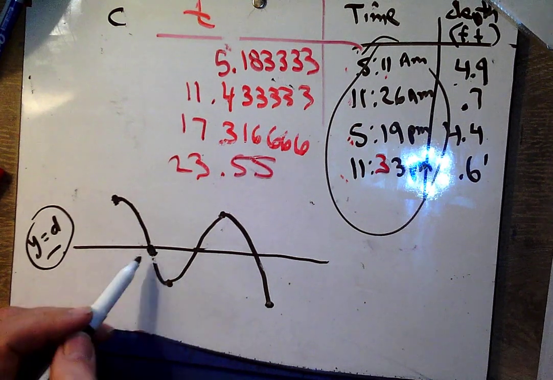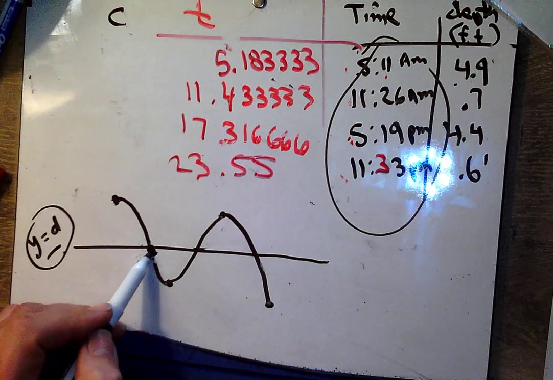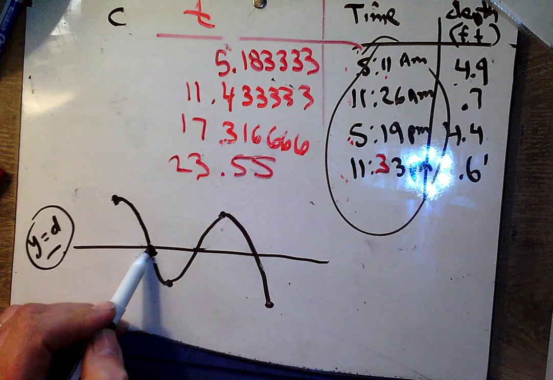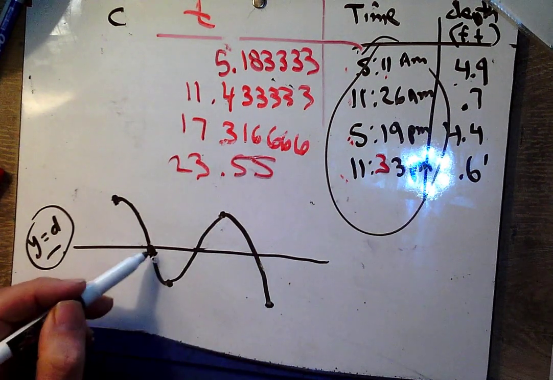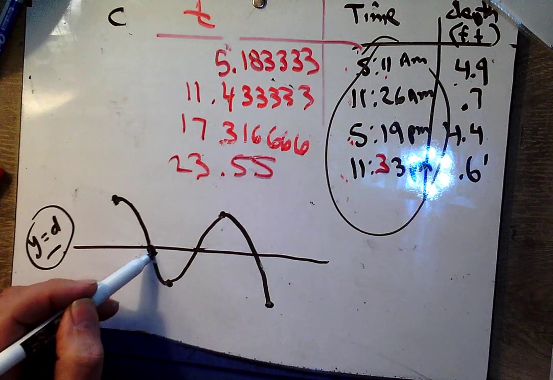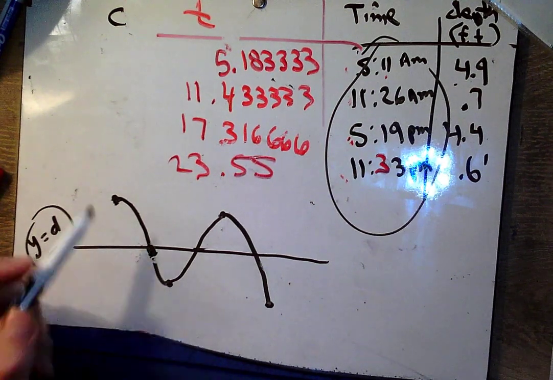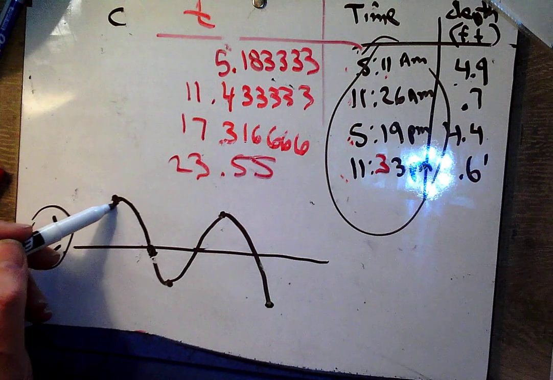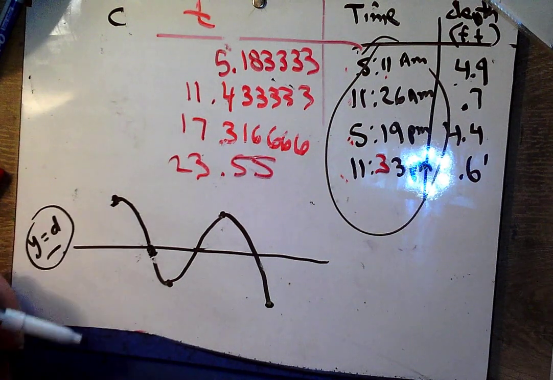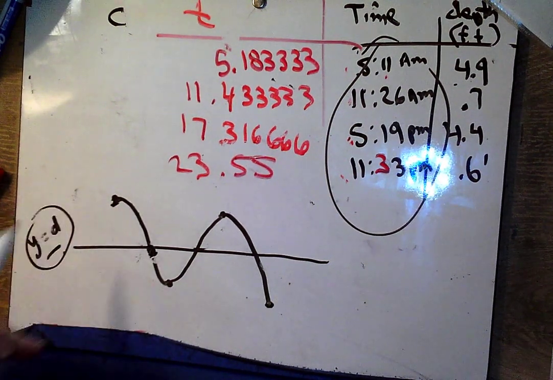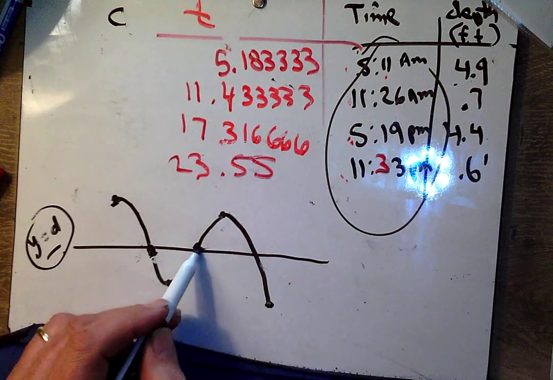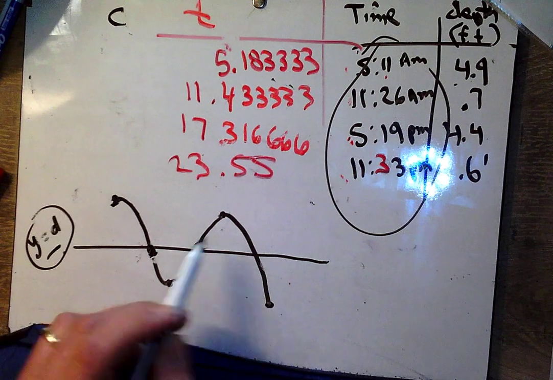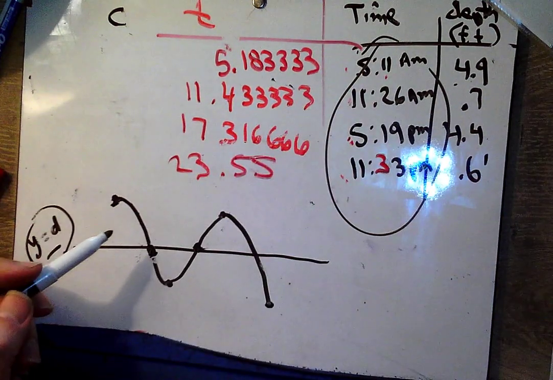But if for some reason I happen to know what time this was, then I could start here with a negative sine graph and make this time be my C value. I would much rather start at the beginning with this. Okay? But that's just me. I mean, you could do sine from over here, but again, I need to know the D value, and I need to know the time when I have that D value, and I don't have any of that information yet.